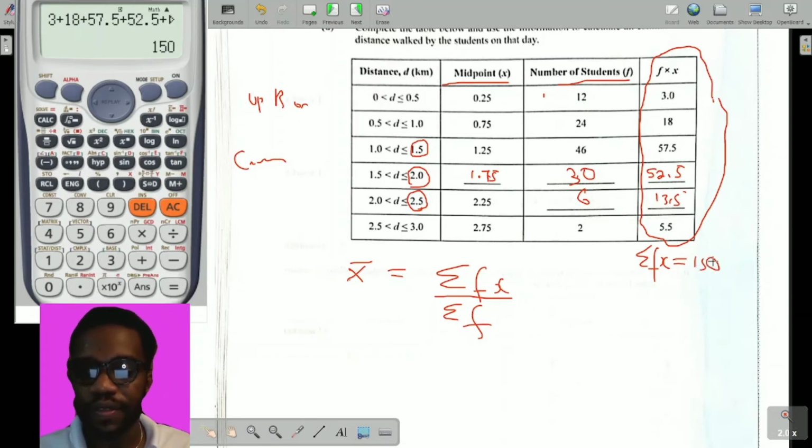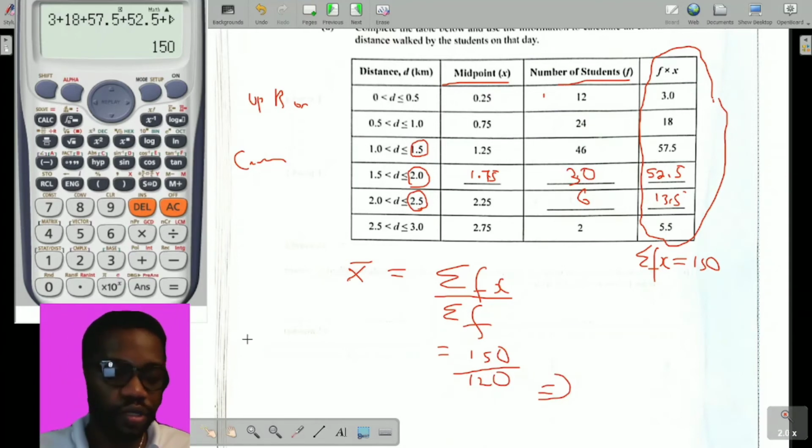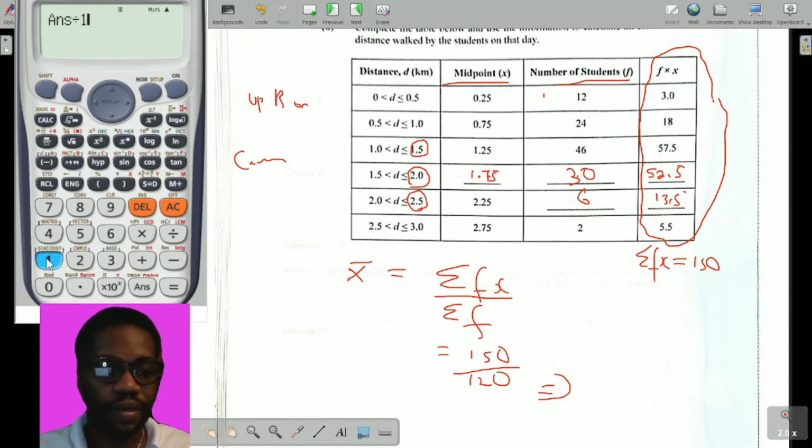So this is 150. So I'm going to have 150 divided by 120. And of course, do not clear your calculator because you have the value in there already. You just need to put divided by 120 persons that you have.